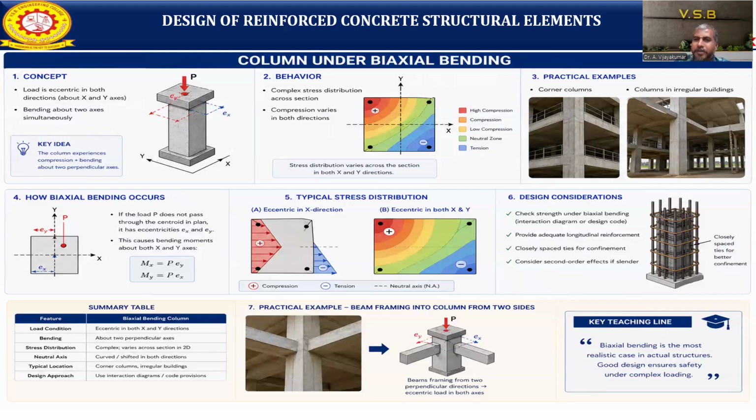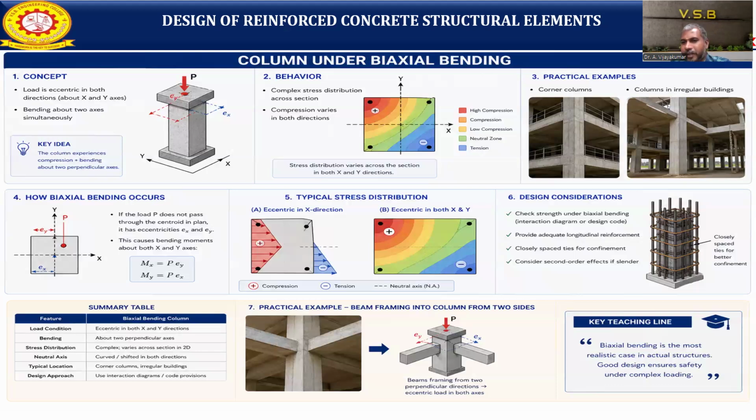Check the strength under biaxial bending. You can see SP16 provides the interaction diagram, or we can use the design code, and provide adequate longitudinal reinforcement, and closely space the ties for confinement. Also consider the second order effect in the case of slender columns.